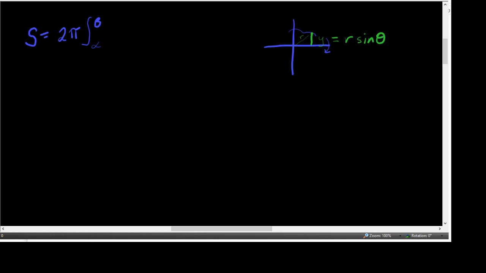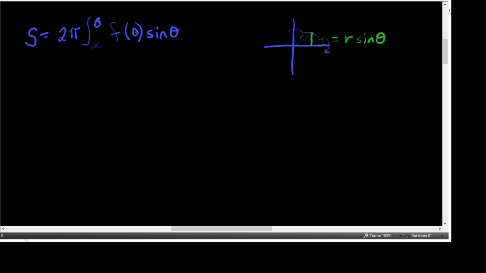And so r would be the letter r that we normally use, or it could be written as f of theta, which is what they do in the formula. So f of theta sine of theta. So that's just like what we saw before. This is 2 pi r, where the radius of revolution isn't the r from the formula, but rather the radius of the solid that's being created, and the radius of that solid is y, and y is r sine theta.